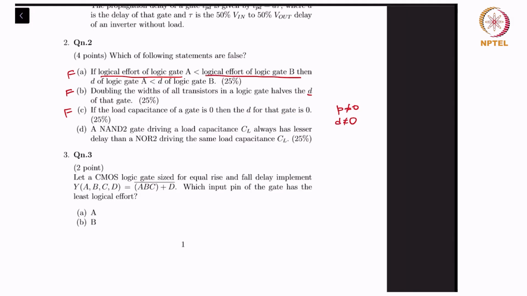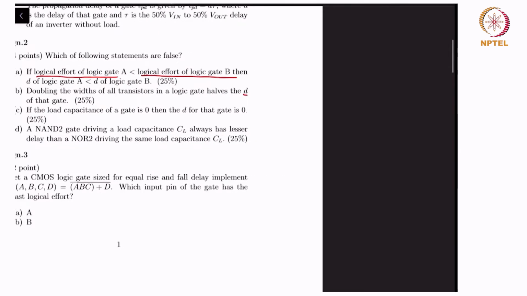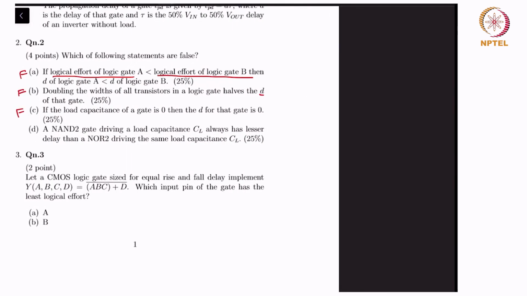And finally, a NAND 2 gate driving a load capacitance CL always has lesser delay than a NOR 2 gate driving the same load capacitance. Now, reading this, you might be inclined to think that both of them are driving the same CL, and the NOR 2 gate and NAND 2 gate will therefore have the same H, because if you look at it, NOR 2 gate has input capacitance of 4 and 1 on the PMOS and NMOS, like we discussed in the first problem.